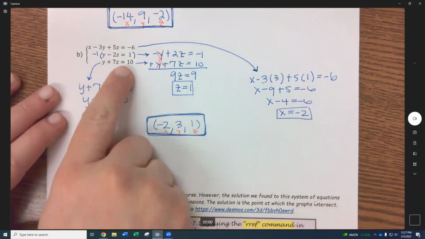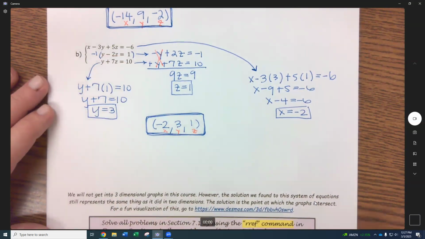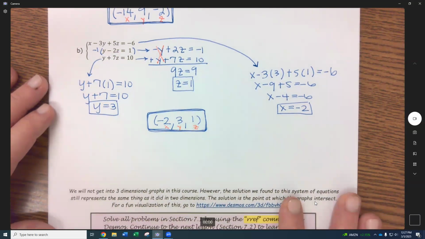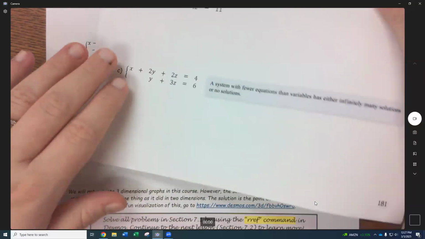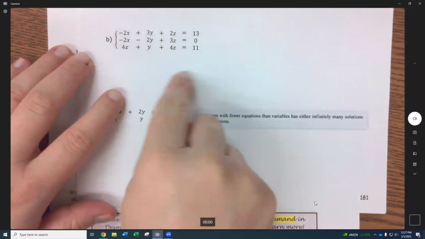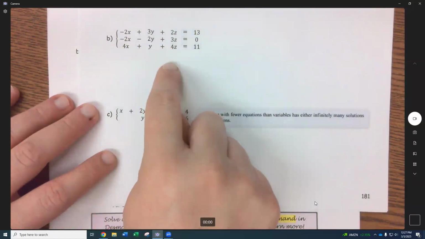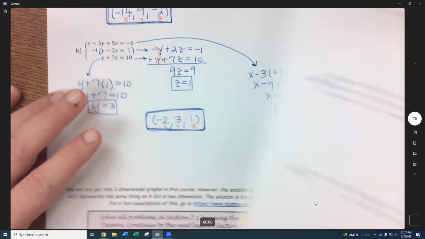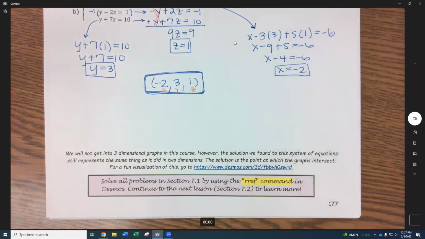If it's one like this where you have 2 variables and 2 equations and you can solve for one, you can do that by hand. But when you get to problems with 3 equations of 3 variables, you should not be doing any of these by hand. You're going to be using this RREF command. So go to the next lesson to learn about how to use that.